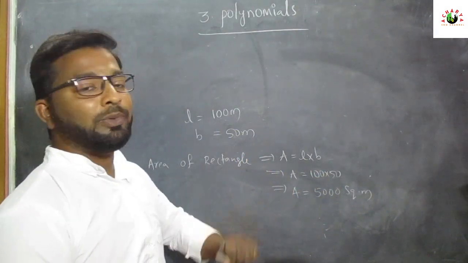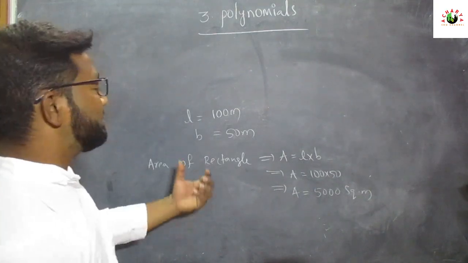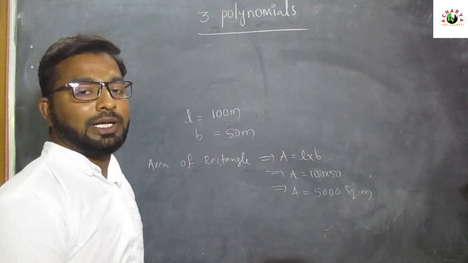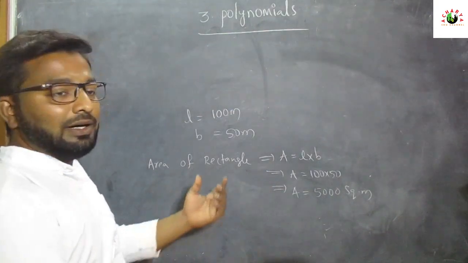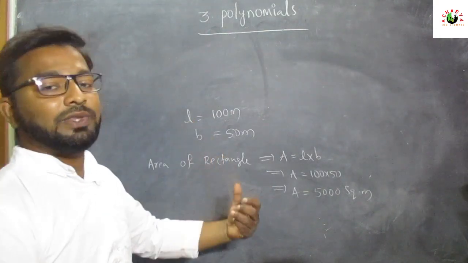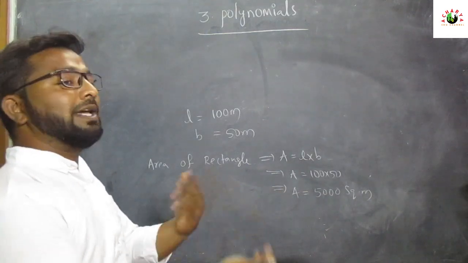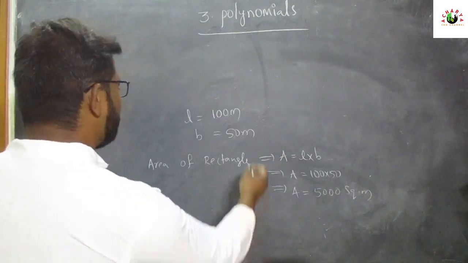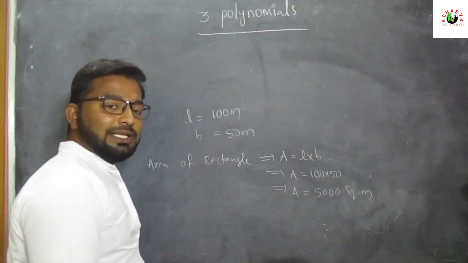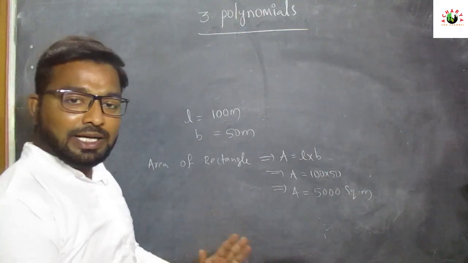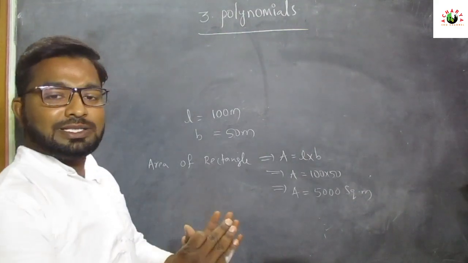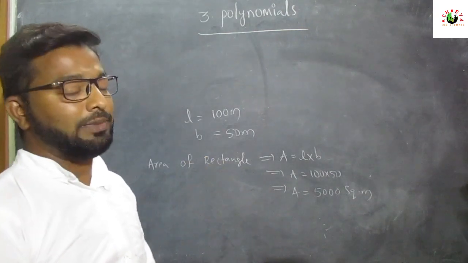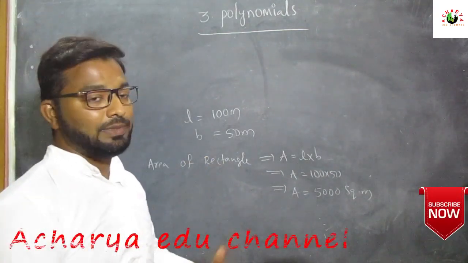But coming to our polynomials chapter, how can we say this statement? For example, in our school garden, the length of the garden is twice its breadth. Actually the garden is in rectangular shape, but here the given condition is that the length of the garden is twice its breadth.